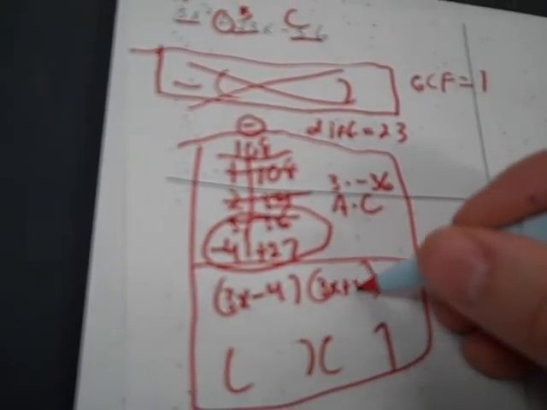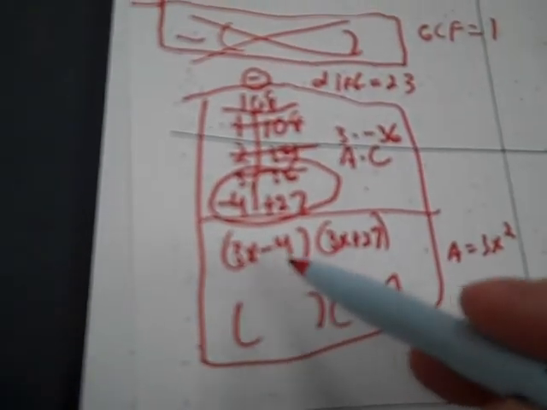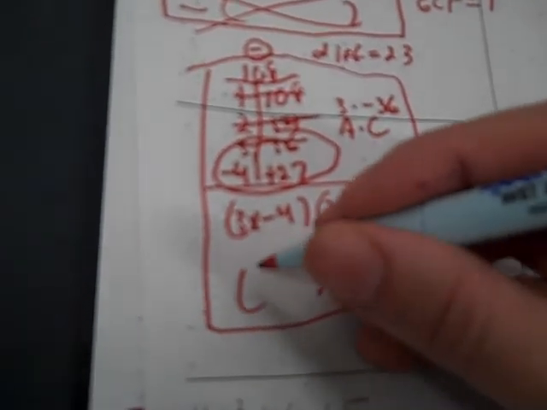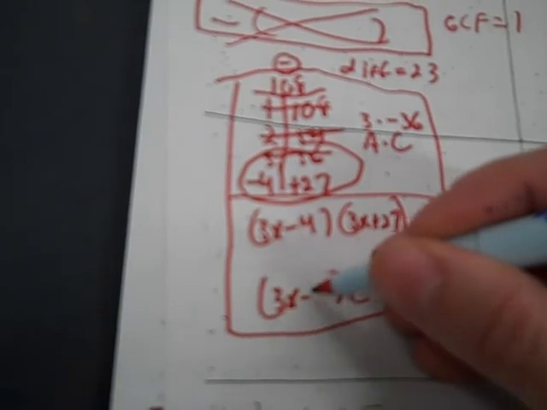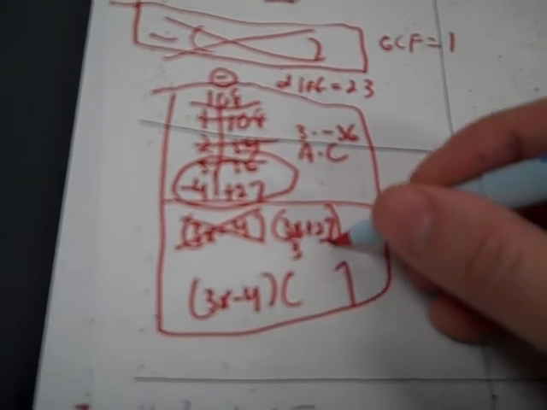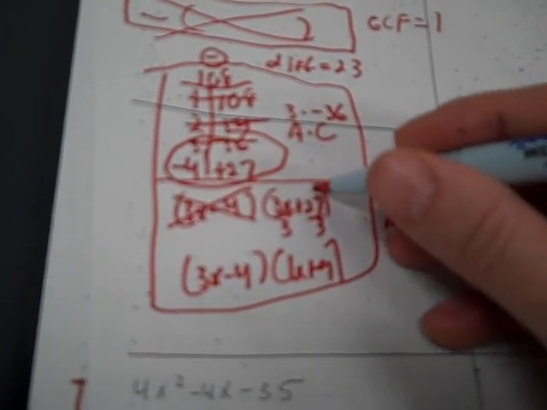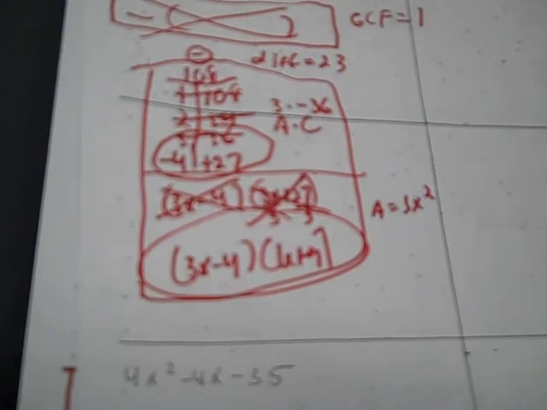Then minus 4 plus 27. Now 3 and 4, there's no GCF, or it's 1, sorry. But if it's 1, it's not going to change. It just stays the same. 3 and 27, the GCF's 3, so it's 1x plus 9.